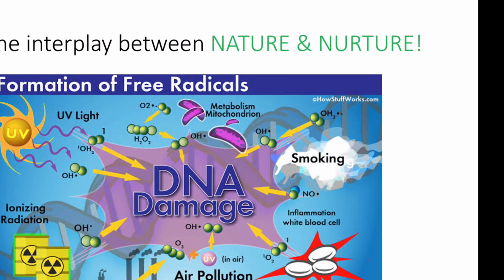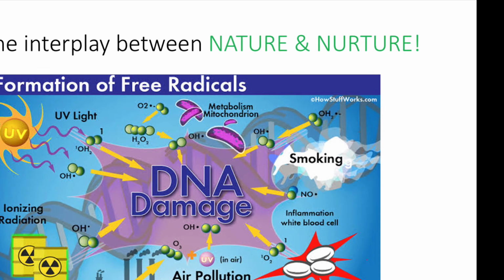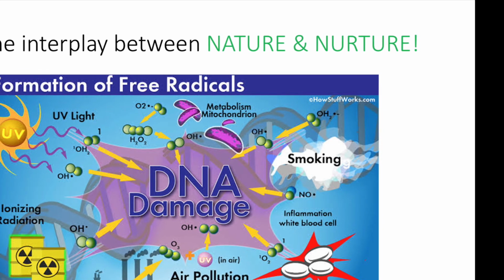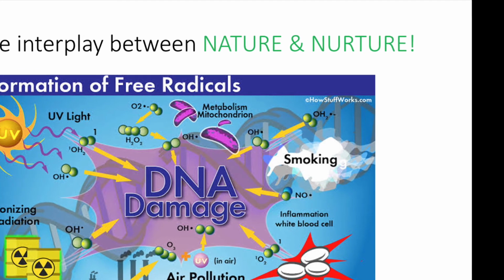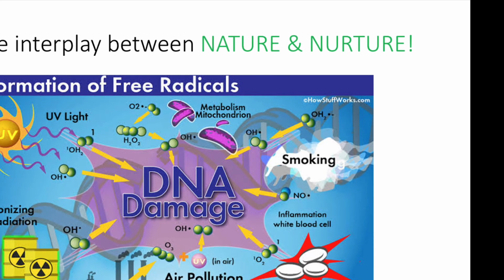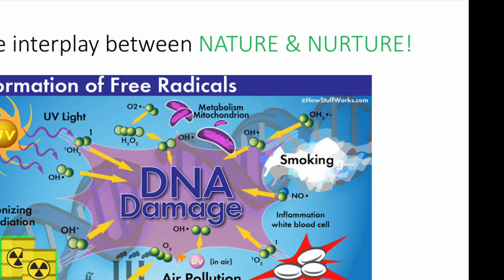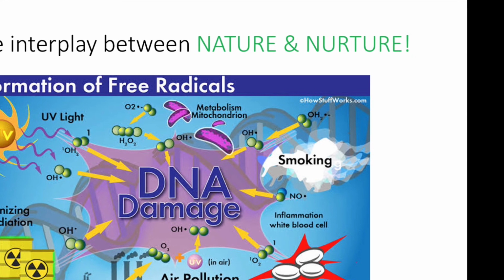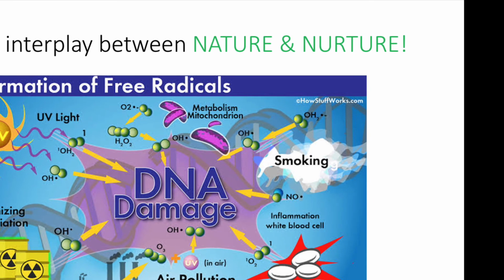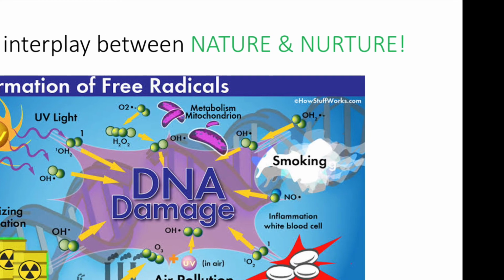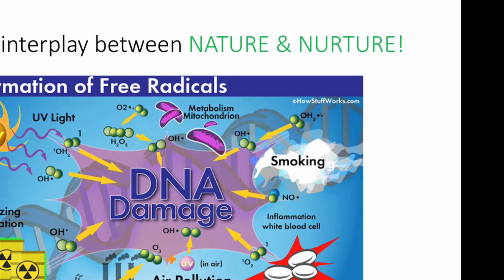Both inheritance and environment are important determinants of cancer development. Neither influence is totally dominant. Using a familiar example, not all smokers develop lung cancer. At the same time, lung cancer can occur in people who have never smoked. The debate concerning the relative importance of the two factors has recently become polarized.